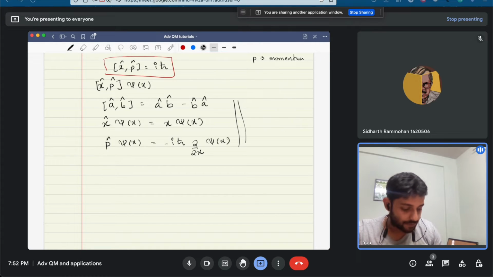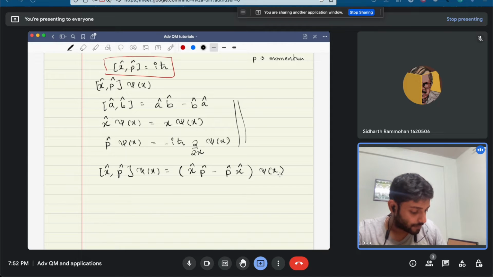Now let's first begin with the LHS here. So we have [x, p] acting on psi of x. We first open the commutator, that is we have xp minus px, and this is operating on psi of x. So let's see what happens when the first part operates on psi of x.